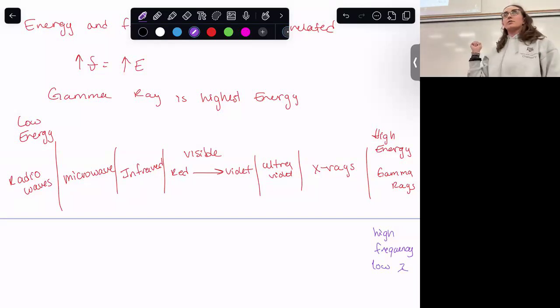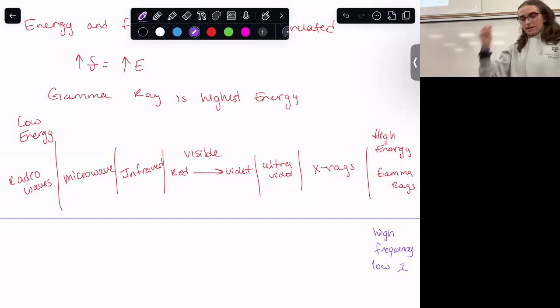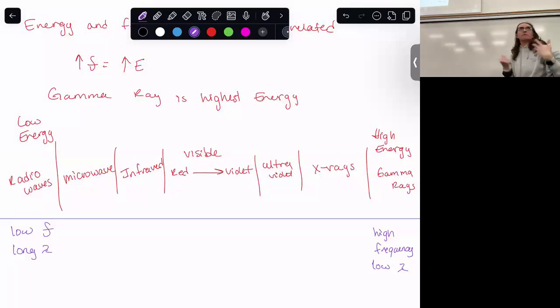So if it's high energy on the right, it has to be low energy on the left. If it's high frequency on the right, it has to be low frequency on the left. And if it's short wavelength on the right, it has to be long wavelength on the left. So if you just remember the high energy stuff, then you know what's going on with the low energy.